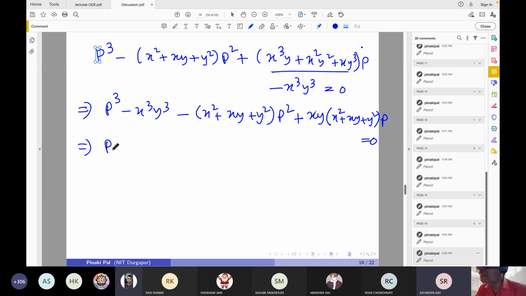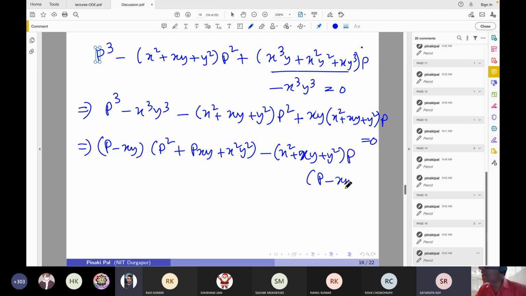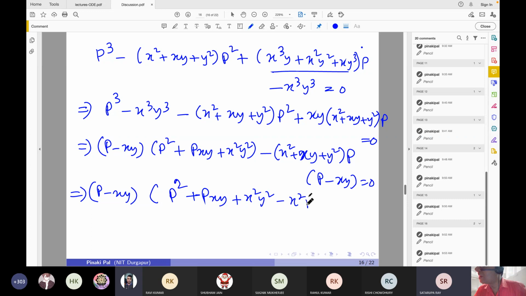So this implies (p minus xy)(p square plus pxy plus x square y square minus x square p minus xyp minus y square p) equal to 0. xyp is cancelled.